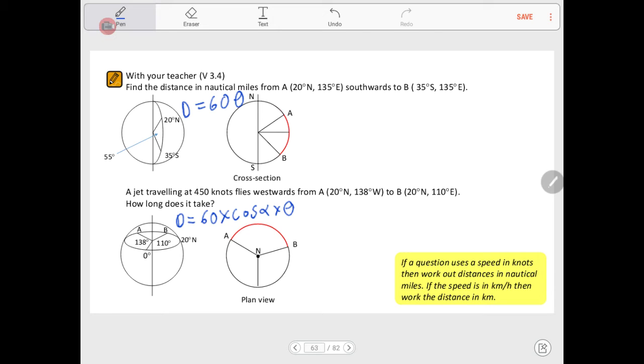Okay, so I'm going to try these questions now. For this first one here, we've got point A, which is 20 degrees north of the equator, and point B, which is 35 degrees south of the equator.